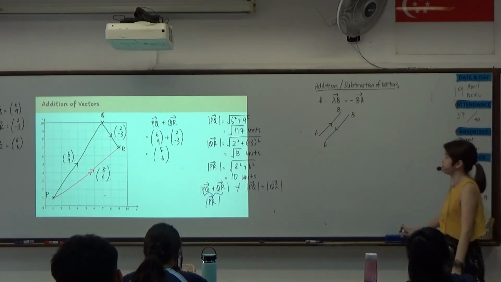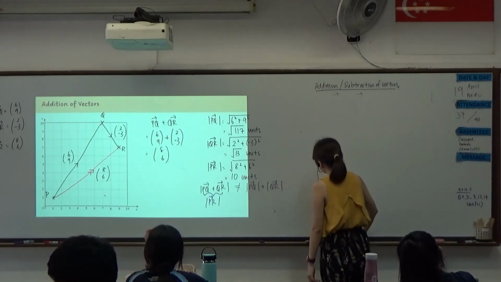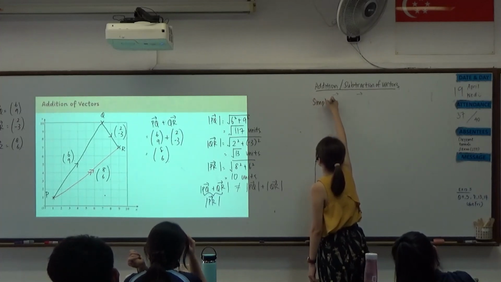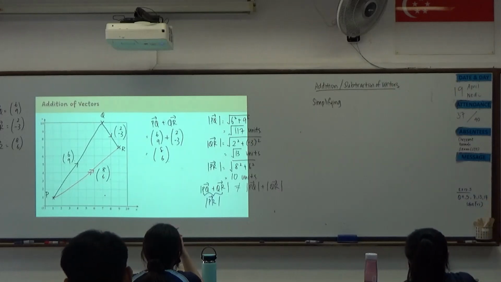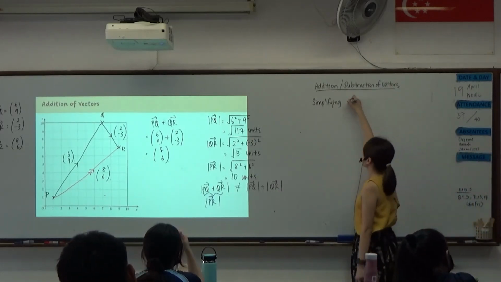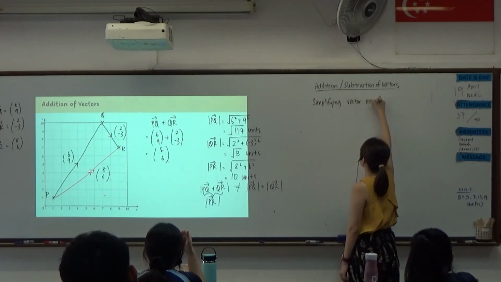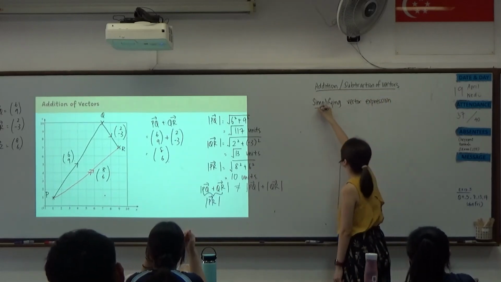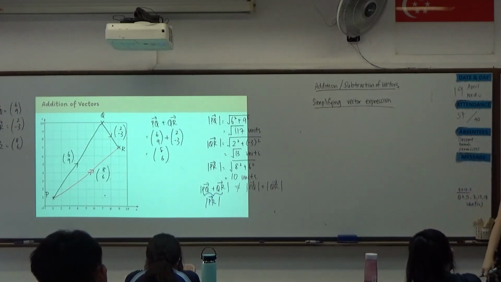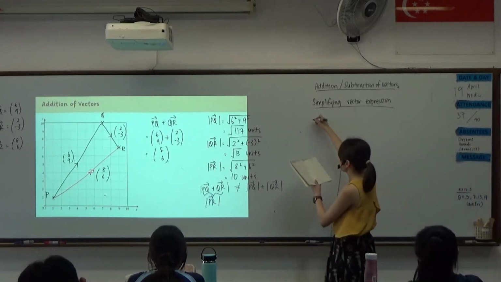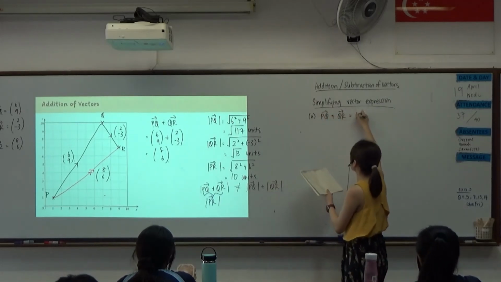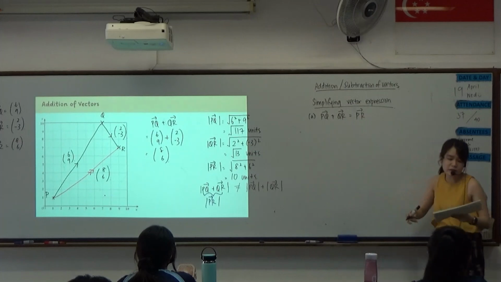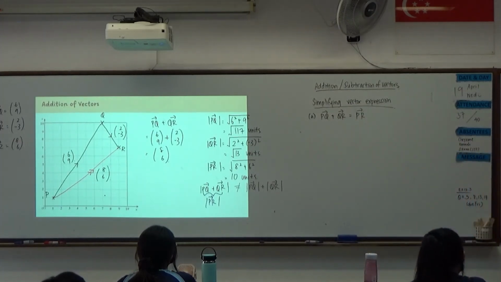Vectors notation. We already saw that if given PQ plus QR as vectors, it simplifies to be the vector PR.